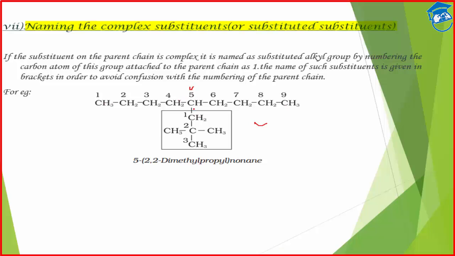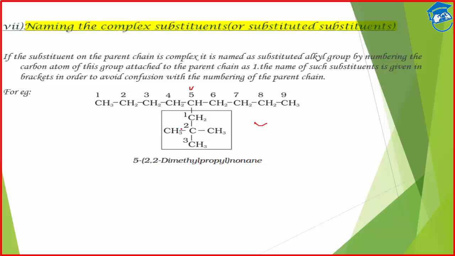And then we assume this as a separate alkyl chain, and then we'll number it. The carbon which is attached to the main carbon chain will get number 1, and then we will follow the same rule. Find the longest carbon chain. Here the longest carbon chain is of 3, 1, 2, 3, and then write its name.